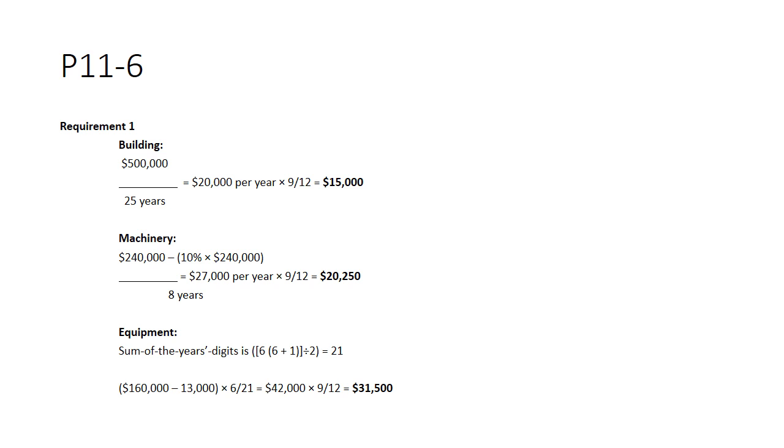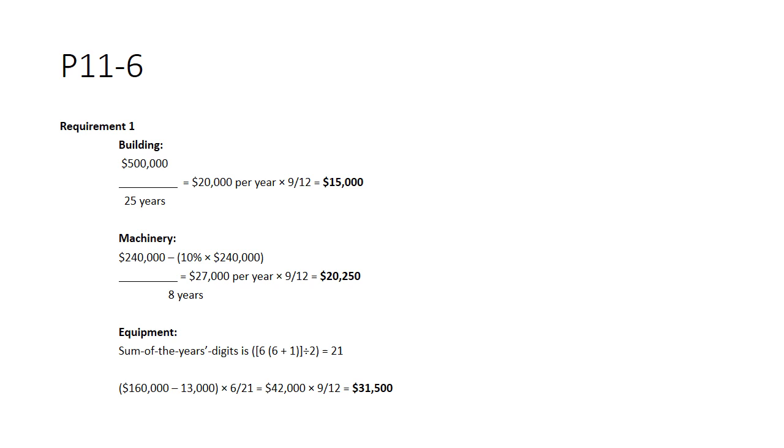However, the company did not use this building the entire year. They started using it April 1st. So they will only calculate 9/12 depreciation expense, or 9 months of the 12-month year, for purposes of depreciation expense in this first year. So you can see there, 15,000 is our result.